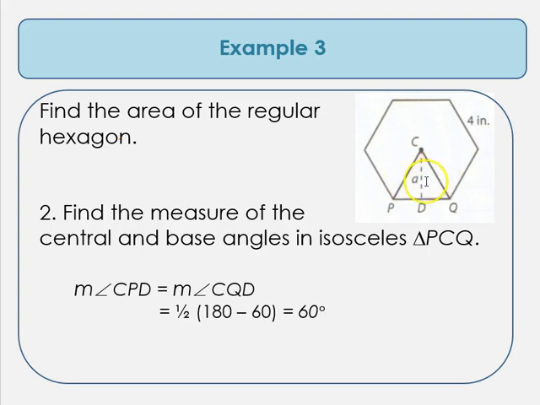This doesn't happen in all polygons, but make a note of that. For hexagons, the triangles formed by the vertices are equilateral triangles. So that means that each one of these angles will be 60 degrees. So, one half, 180 minus 60, will equal 60.